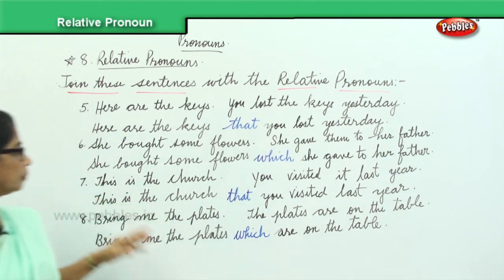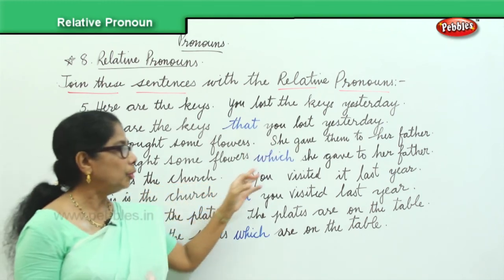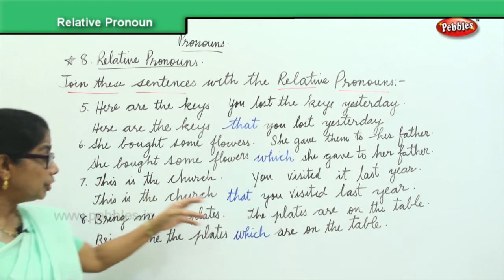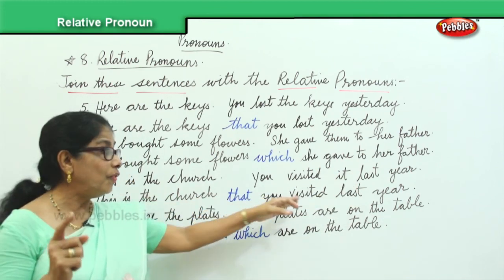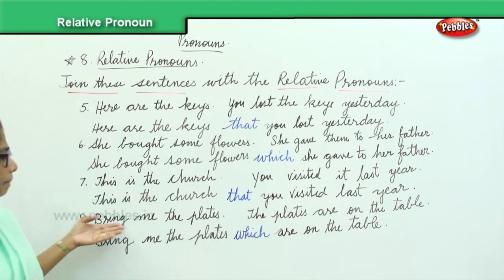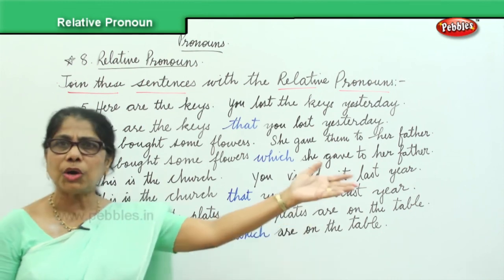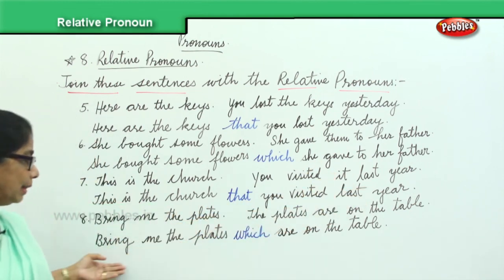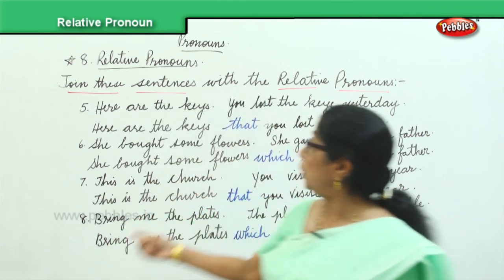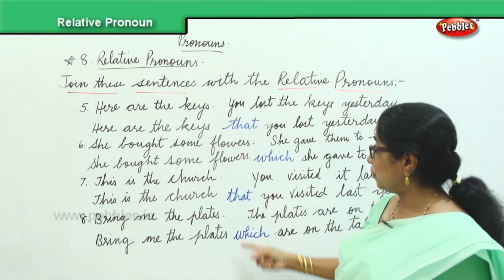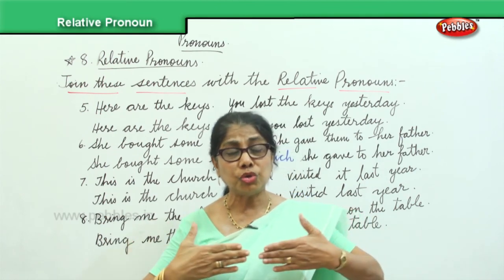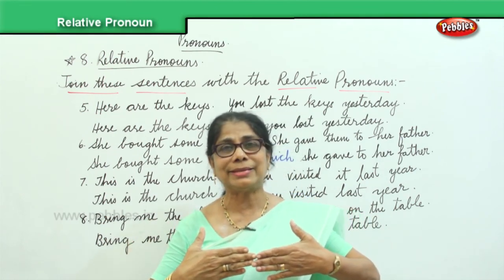This is the church. You visited it last year. This is the church that you visited last year. Finally, bring me the plates. The plates are on the table. Bring me the plates which are on the table. So the words that, which are relative pronouns, helping us to join 2 sentences together.